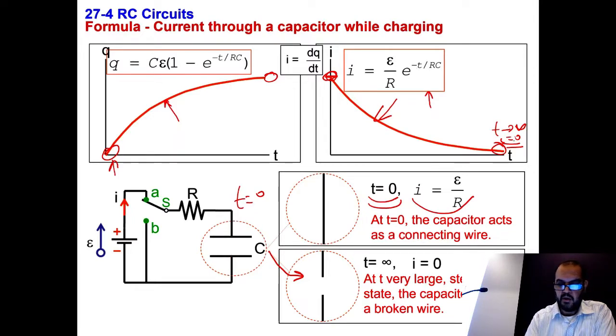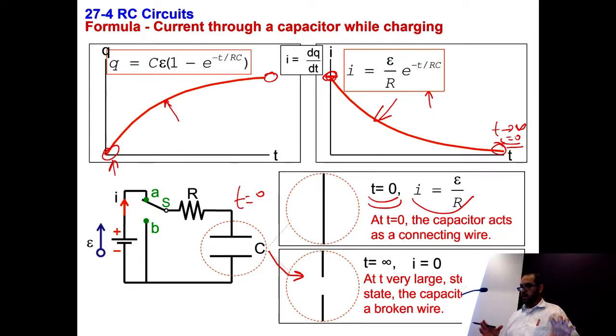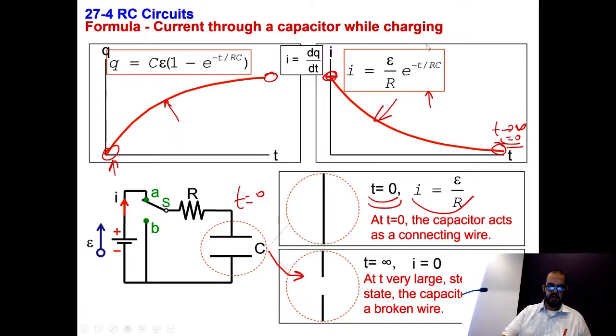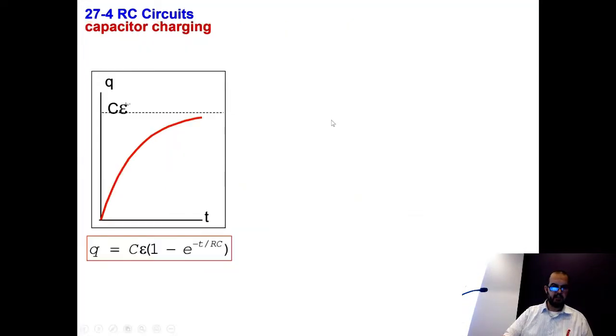And if you are going to t equal to infinity, you can assume the capacitor is like an open, so there will be no current flowing, and solve the problem. So these are simplification tricks in order to analyze a capacitor circuit at time t equal to 0, just when you switch, or at time equal to infinity in steady state. Okay, so this will become clear with the examples.